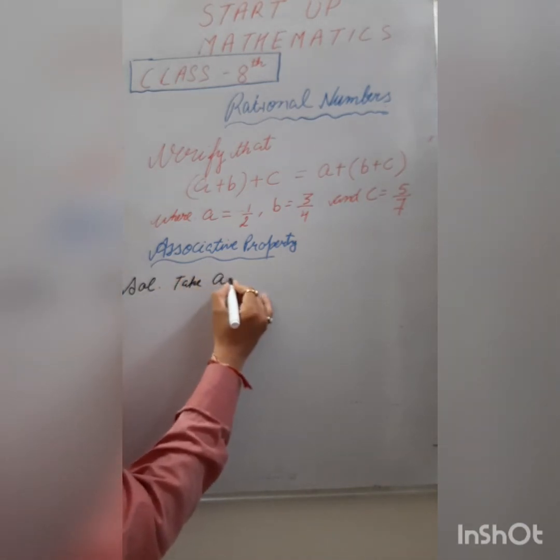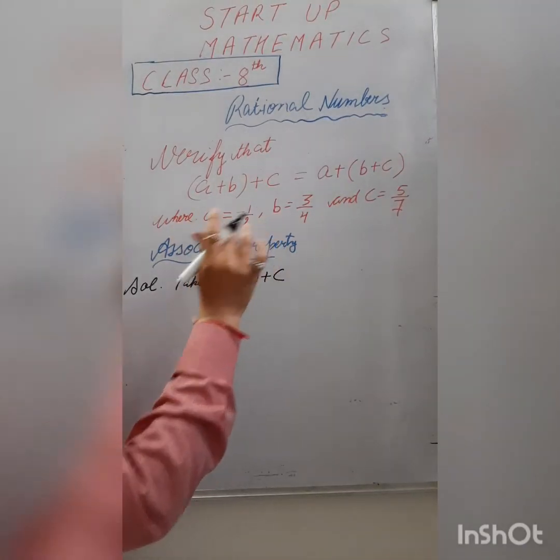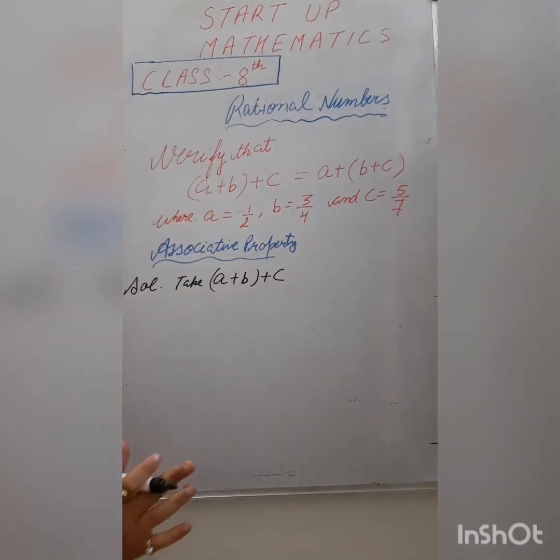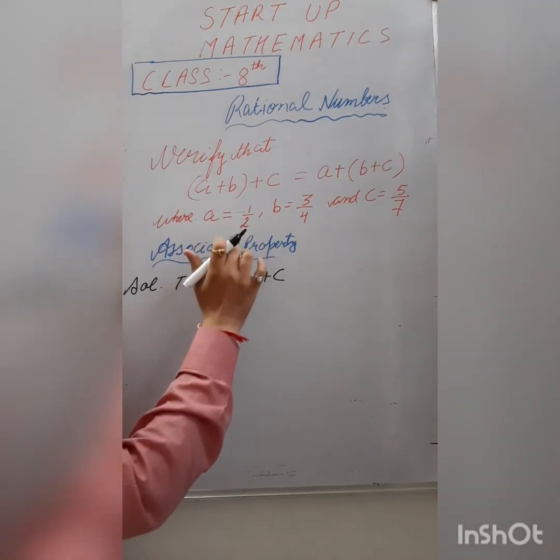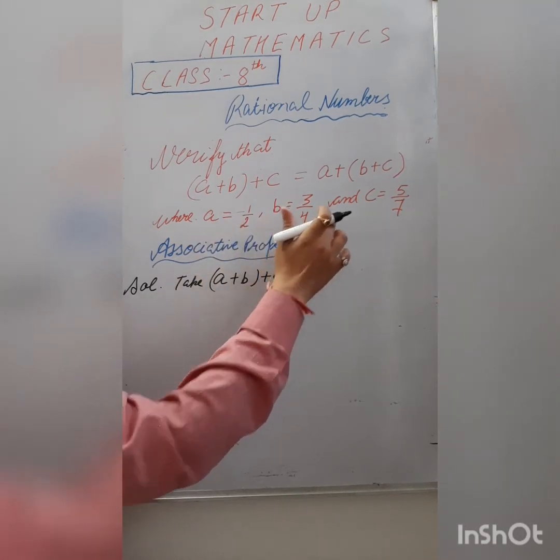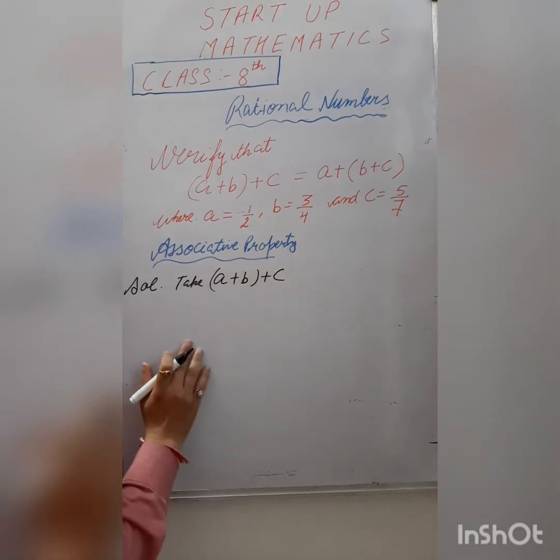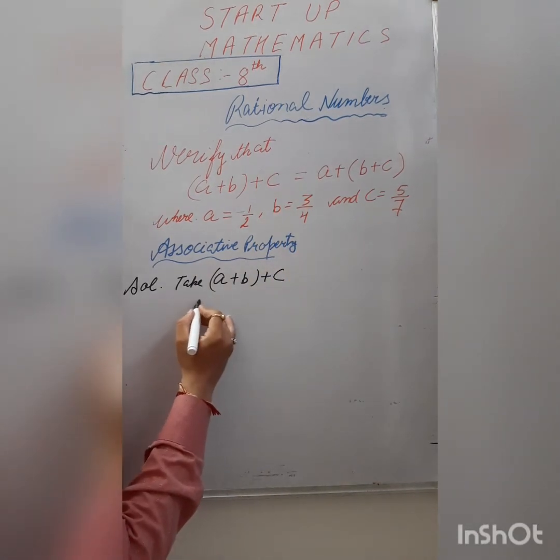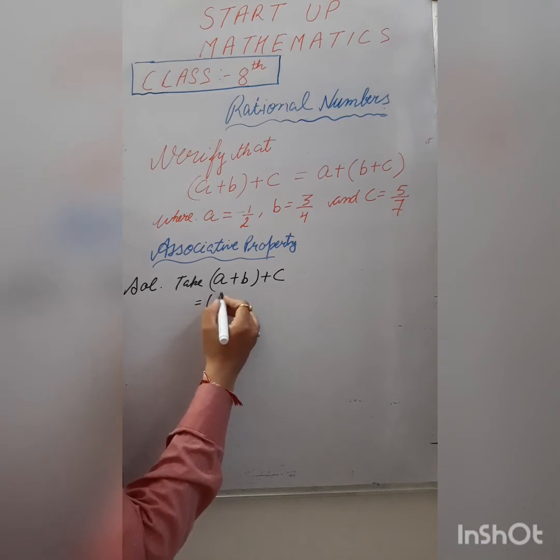First is A plus B plus C. Here A, B and C are rational numbers, and their values are: A is minus 1 upon 2, B is 3 upon 4, and C is 5 upon 7. Just put the values. What is the value of A?